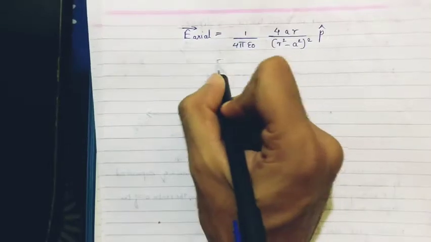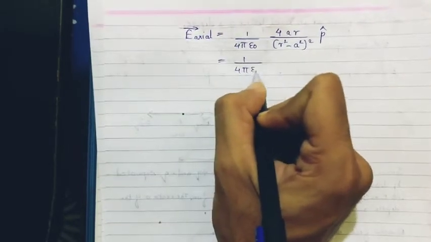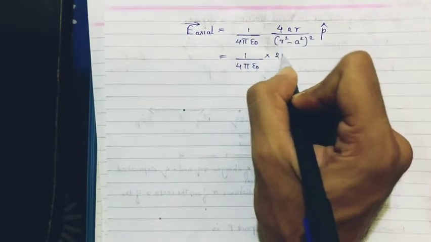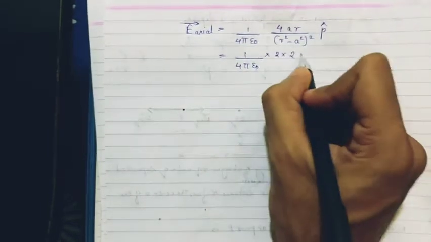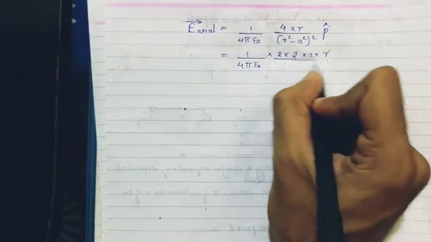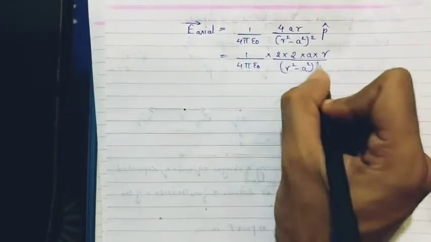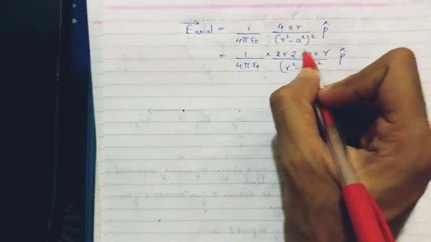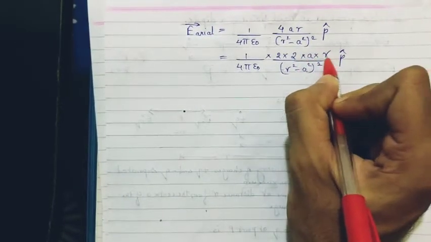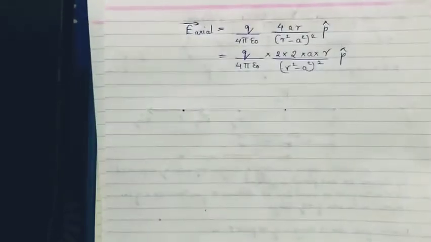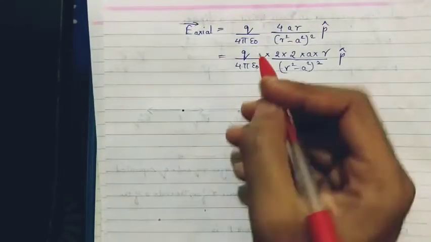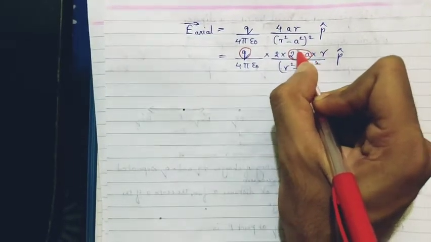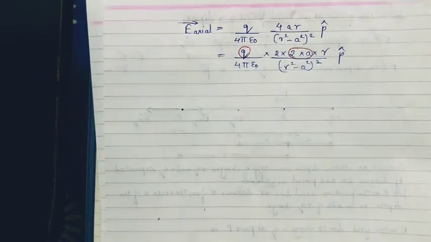Next, I'll keep 1 upon 4 pi epsilon naught as it is. I'll split this 4 into 2 into 2, into a, into this r upon (r square minus a square) the whole square into p cap. So q into 2 times a becomes the electric dipole moment, that is p.